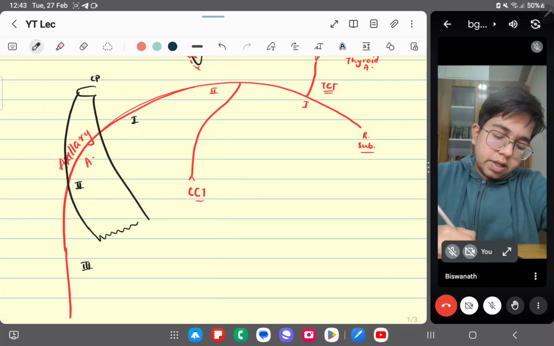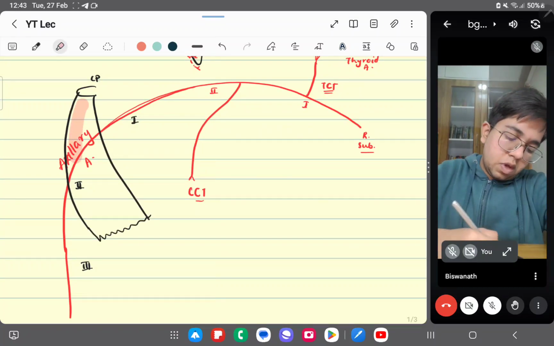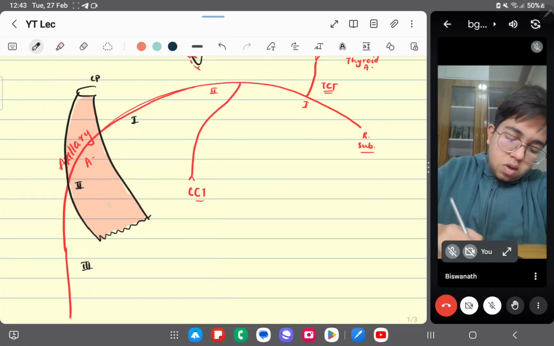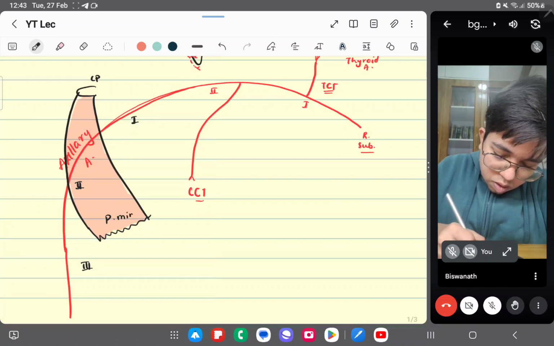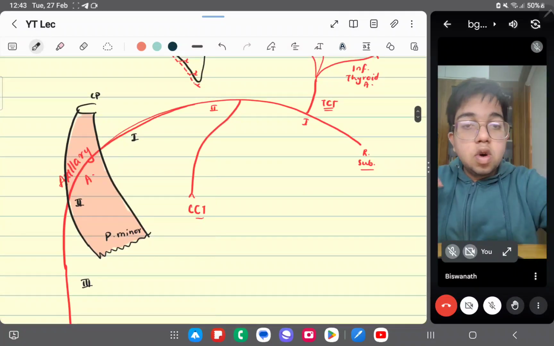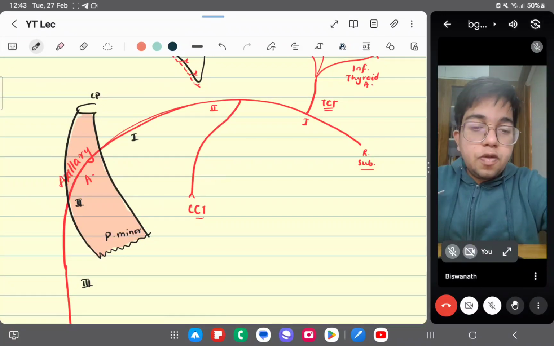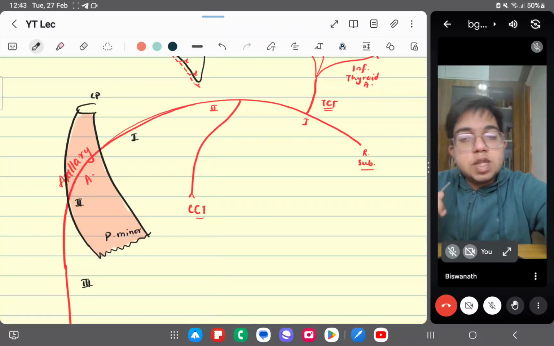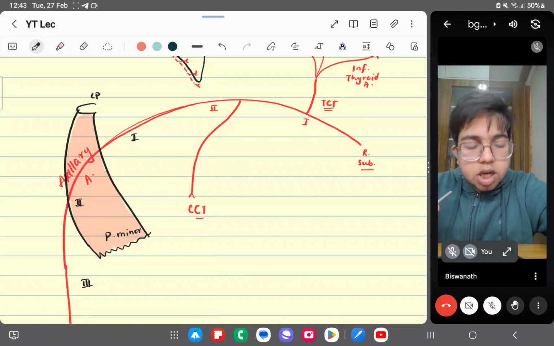I'm drawing it like this, pectoralis minor. First part has one branch, second part has two branches, third part has three branches.